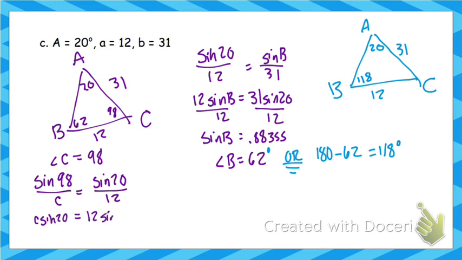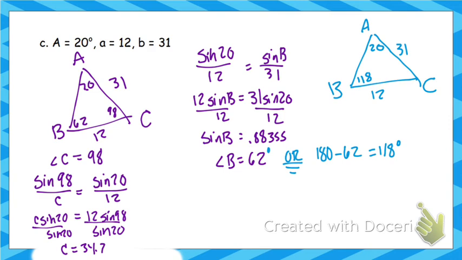And then we'll divide. So I've got 12 sine 98 divided by sine 20. So side C is 34.7. All right, so those are three of my possible answers.